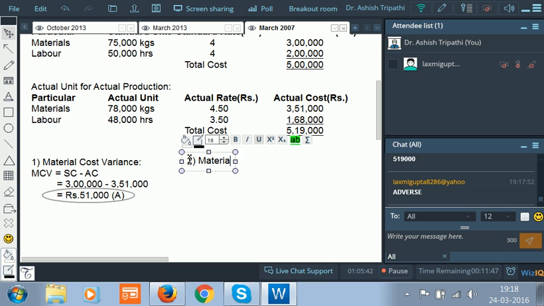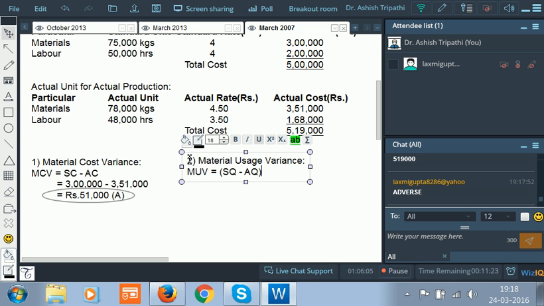We'll go for the second one, material usage variance. So let us calculate material usage variance.